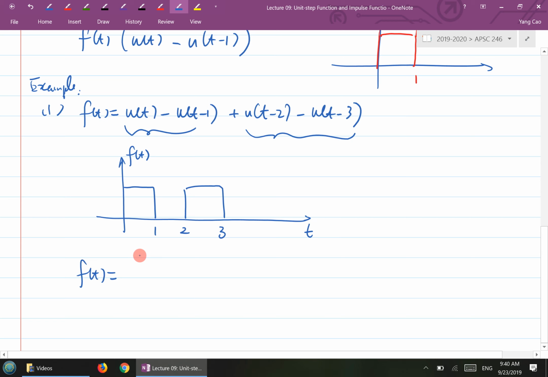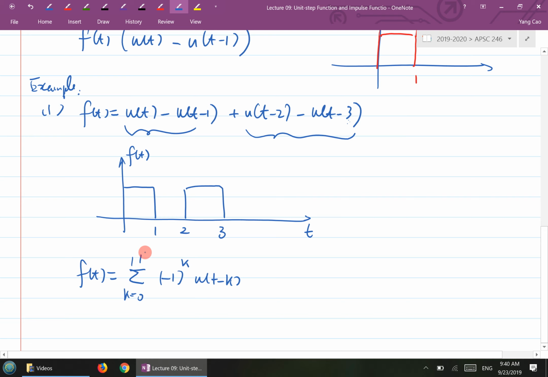If you want to create more, you can use this formula to create a lot of boxes: minus 1 to the power of k times u of t minus k, with k starting at 0. You can give it any number, for example 12 or 11. Actually it has to be an odd number to finish with, so 11 or 13 or 15.